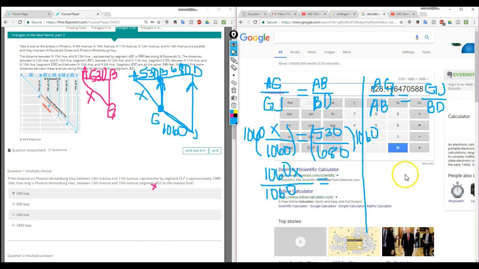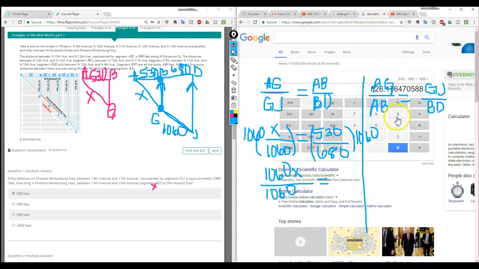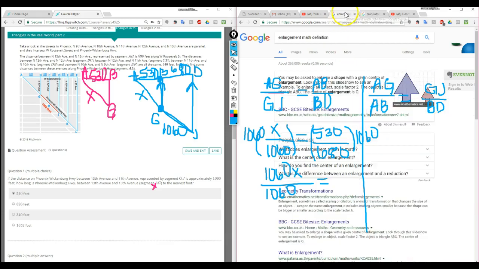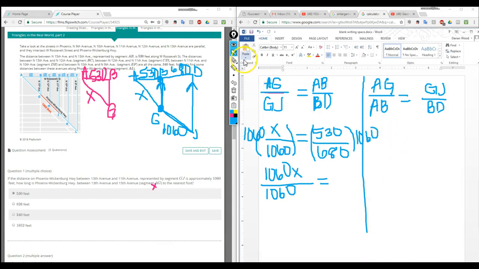So that gives me 826.17. Now, 1060x divided by 1060, these reduce down.